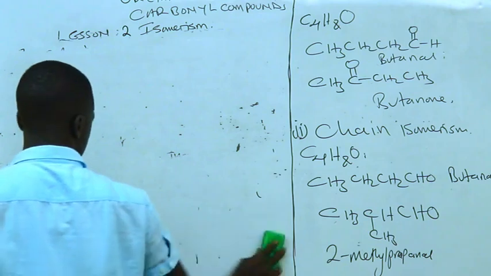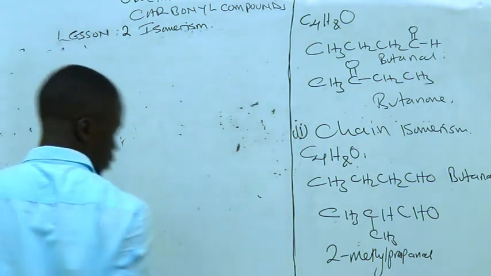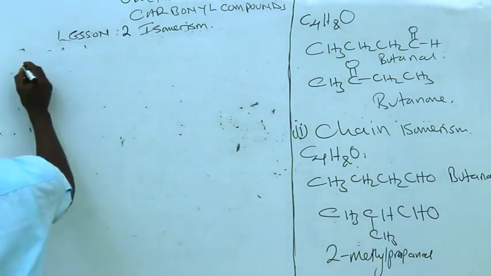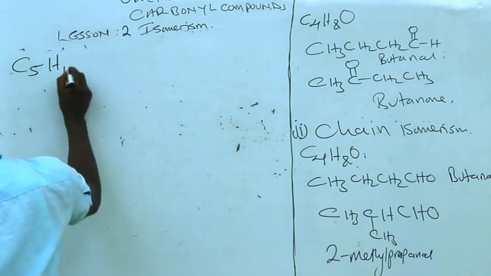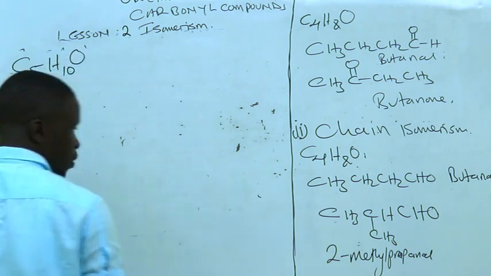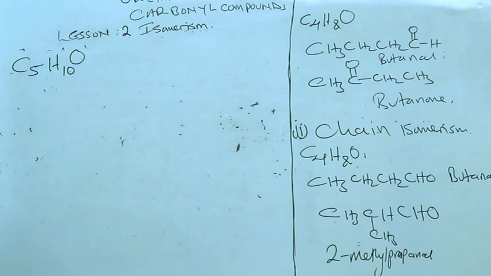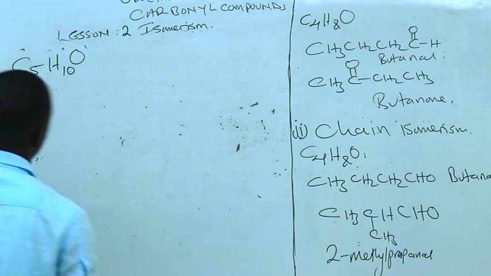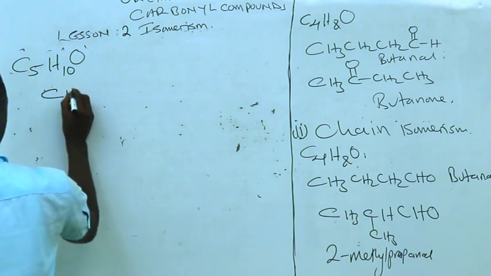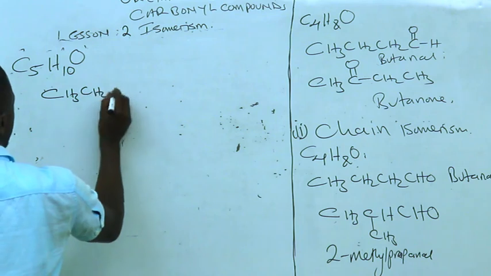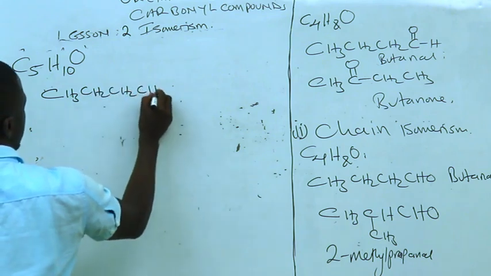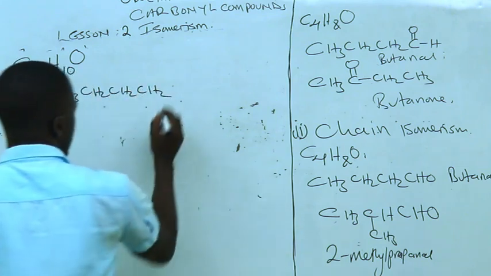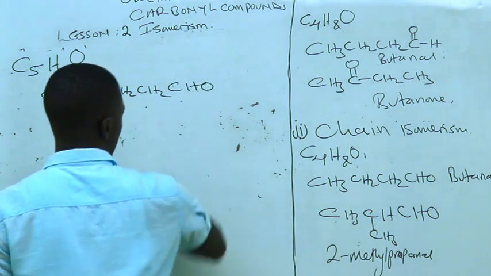What if these ones were 5 carbon atoms? So we would have C5H10O. We can get chain isomers from here for both ketones and the aldehydes. For aldehydes, we'll have CH3, CH2, CH2, CH2, those are 4, CHO.